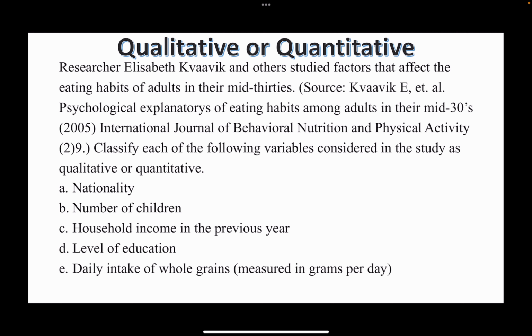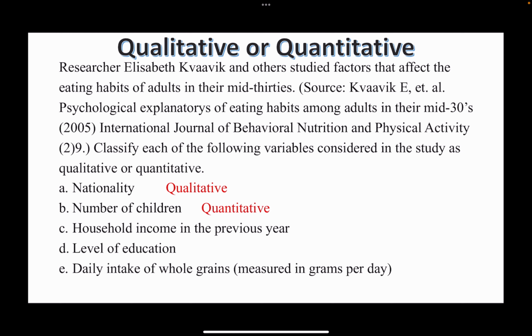Nationality is generally just words and it doesn't make sense to add or subtract them, so that would be qualitative. Number of children somebody has. I have two more children than somebody else. Clearly doing math with it makes sense, so that would be quantitative.